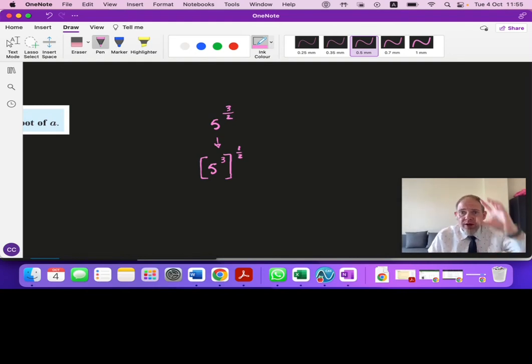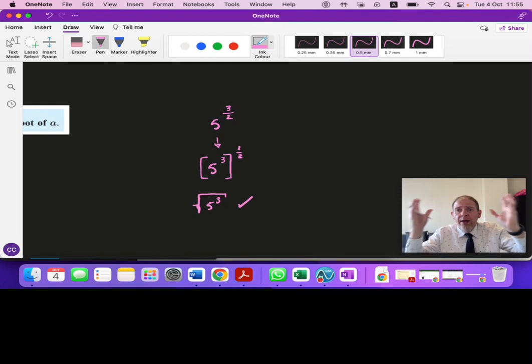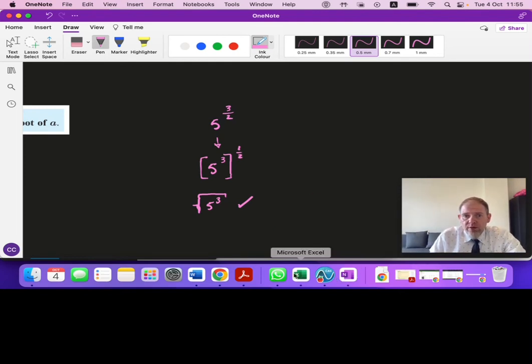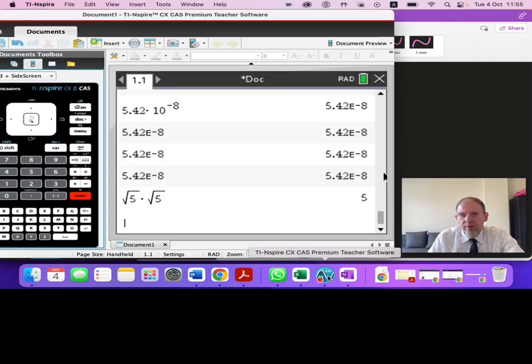So now I've got 5 cubed raised to the 1/2 power. Well, I just need to rewrite that as the square root of 5 cubed. Bam, we got it, we're good. I'm really happy with that. I'm just going to do a check with my calculator just because, who knows, Stoltz makes mistakes. So let's try that.